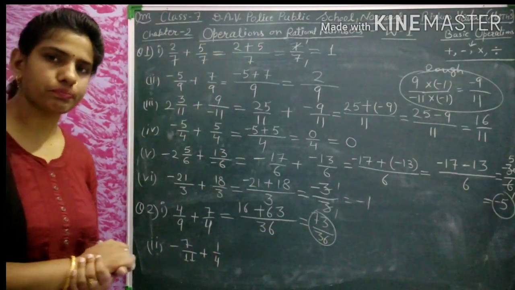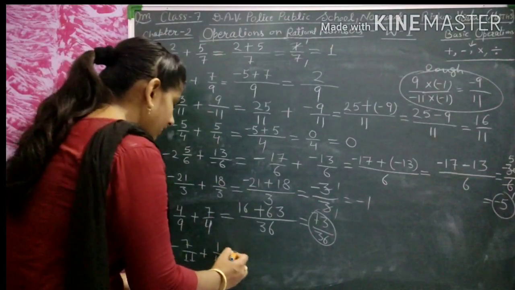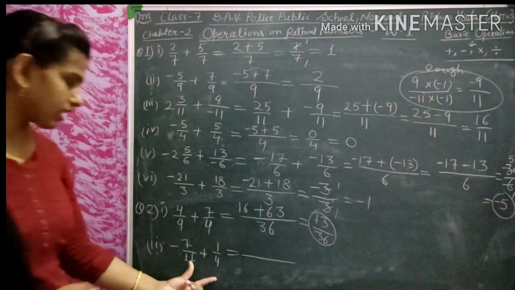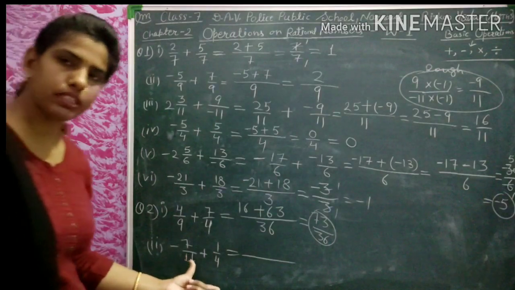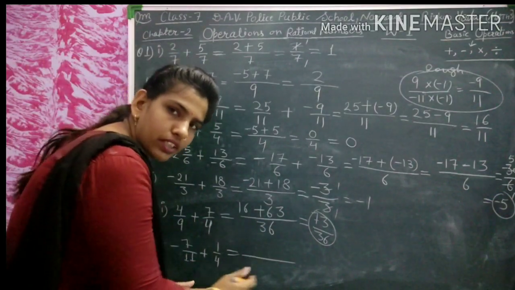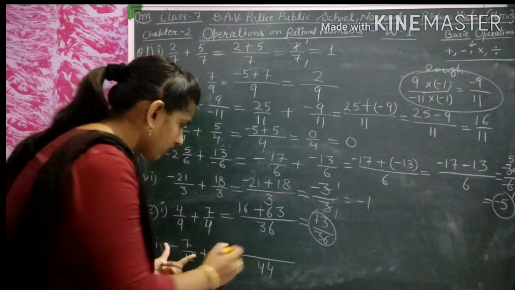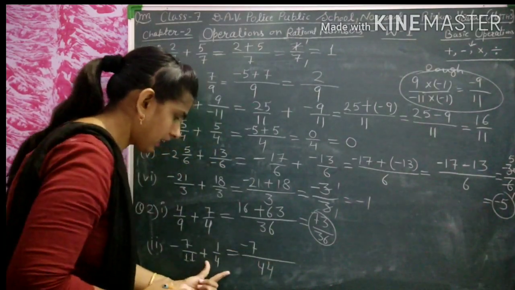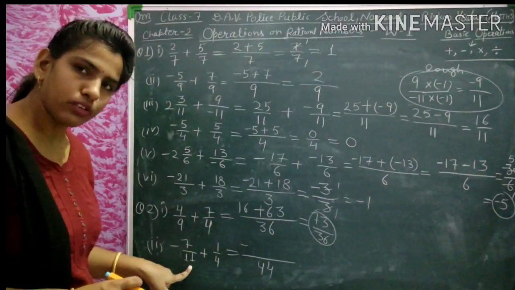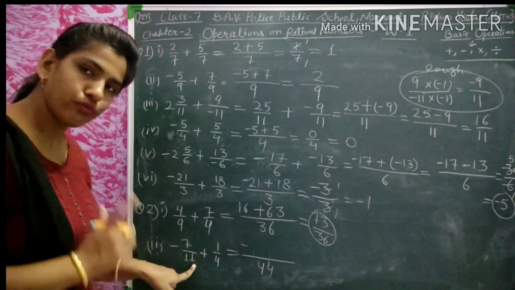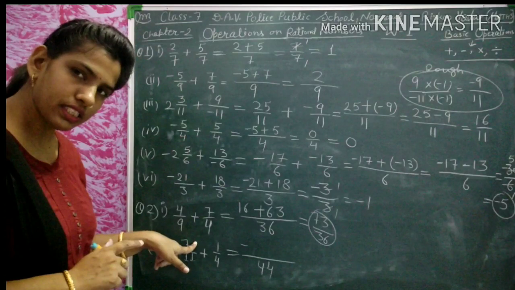Clear? Yes, students. Question number second, part second, same. There is the LCM, co-prime numbers. That LCM is the multiple of both the numbers. 11 into 4, that equals 44. So it becomes minus 7 and 11. Which number do we multiply 11 by to become 44? 11 times 4 is 44, and the same number is multiplied to minus 7.